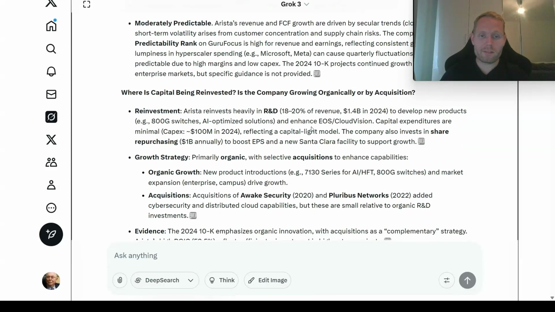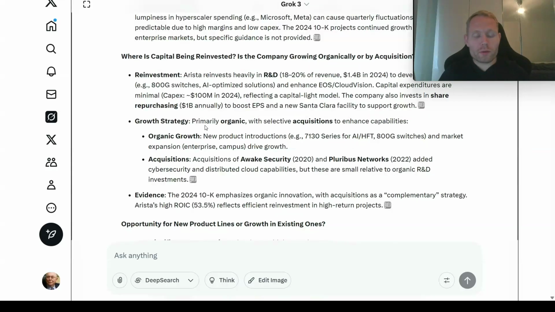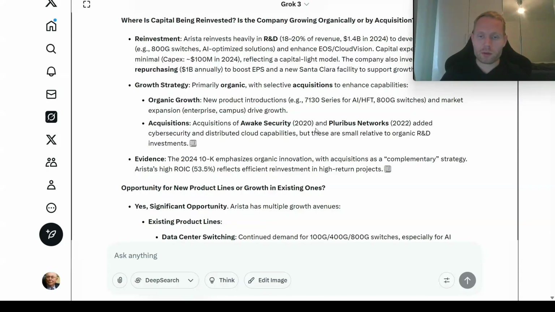Where is capital being reinvested? Is the company growing organically or by acquisition? The company is reinvesting heavily in R&D, which is good to see. Their growth strategy is primarily organic, with selective acquisitions to enhance capabilities, where they acquired Awake Security and Pluribus Networks, adding cybersecurity and distributed cloud capabilities, but they are small relative to organic R&D investments.